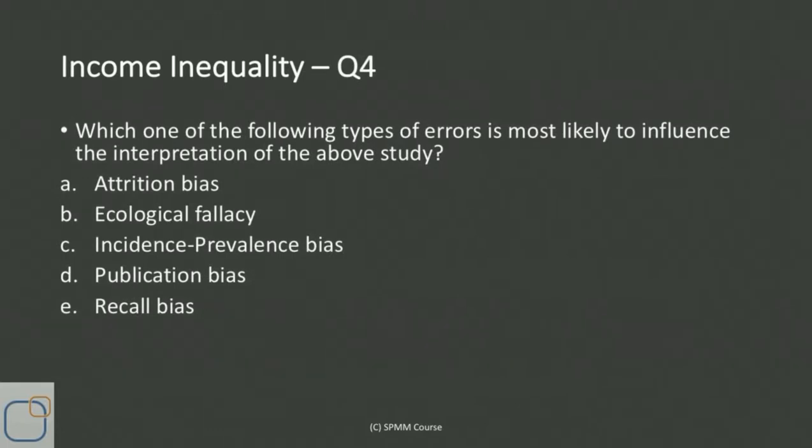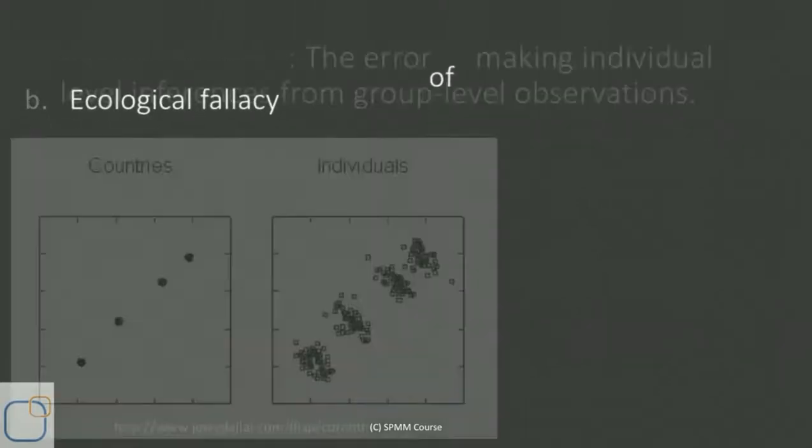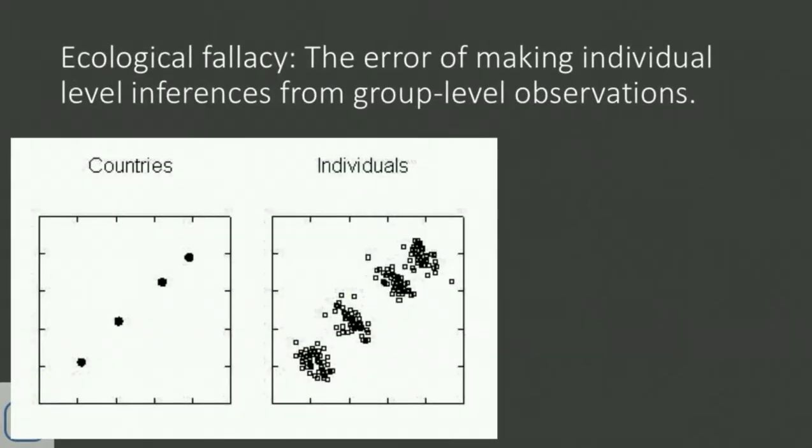Which one of the following types of errors is most likely to influence the interpretation of the above study? Attrition bias, ecological fallacy, incidence prevalence bias, publication bias, recall bias. Ecological fallacy is the error of making individual level inferences from group level observations. What you see here is countries, you see a trend across the countries, but within each country there may not be any relationship between income inequality and distribution of mental illness.